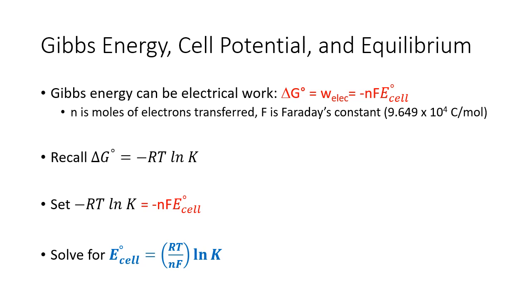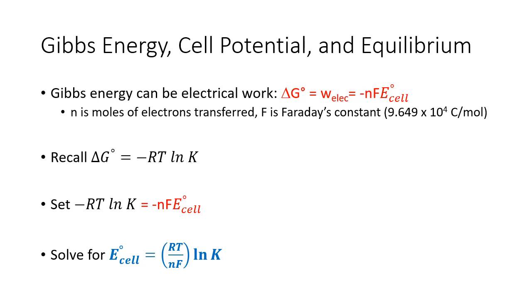If you remember, we had defined delta G as minus RT ln K. We set minus RT ln K equal to the other G naught equation that we have.